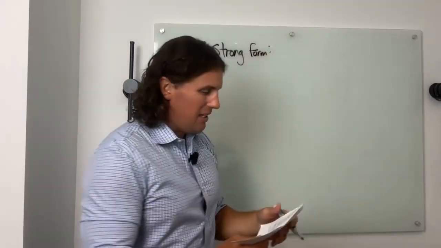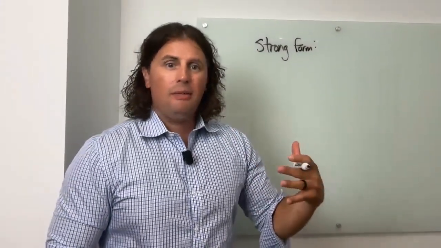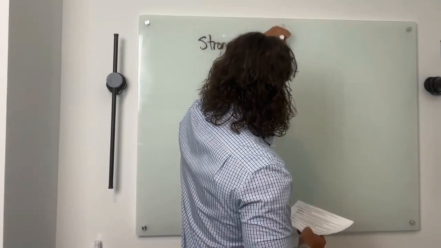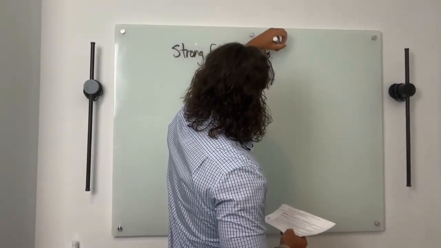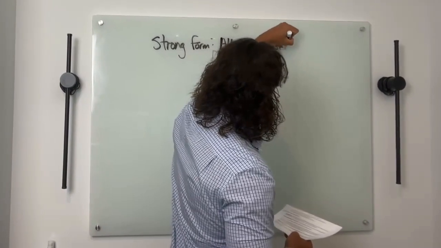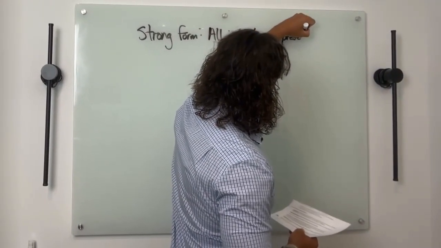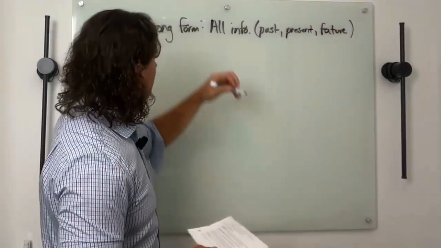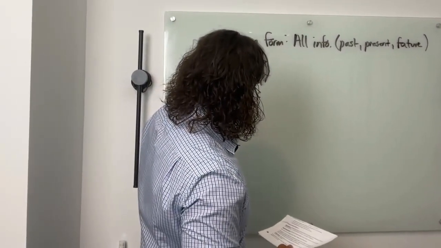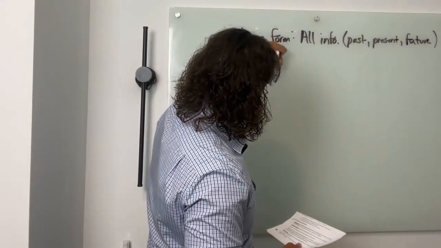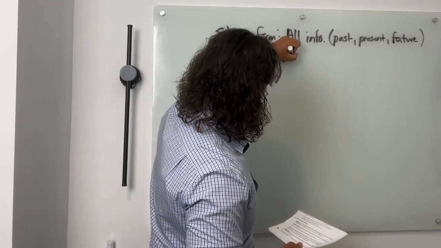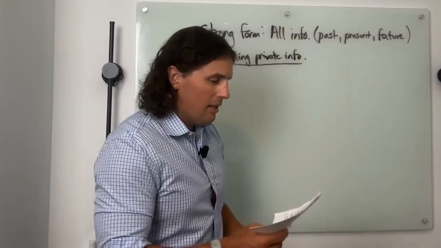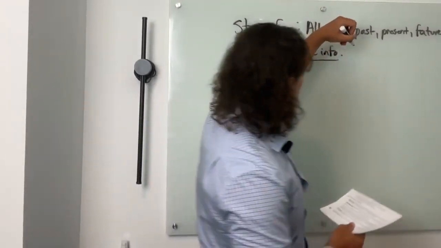Now, this one believes that when we're pricing particular stocks or assets, all information, past, present, and future, including private information, we'll highlight that, is factored into a stock price.